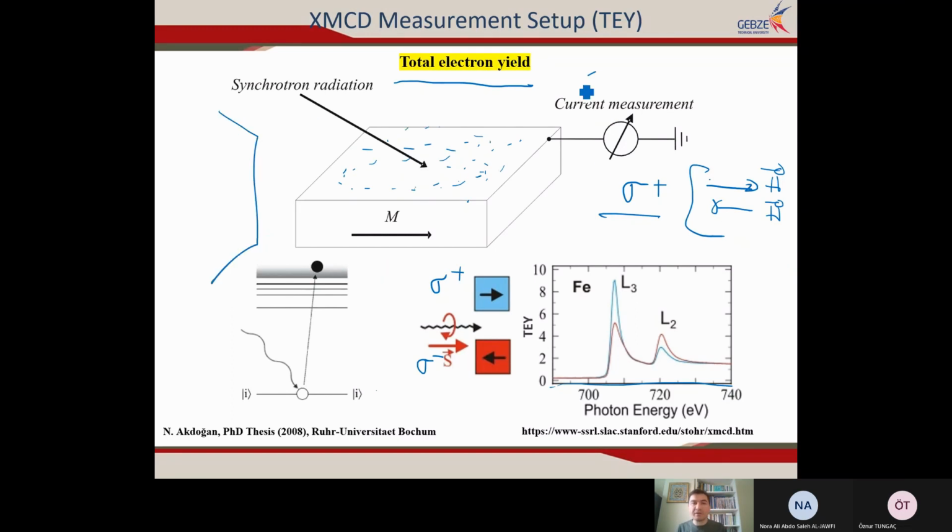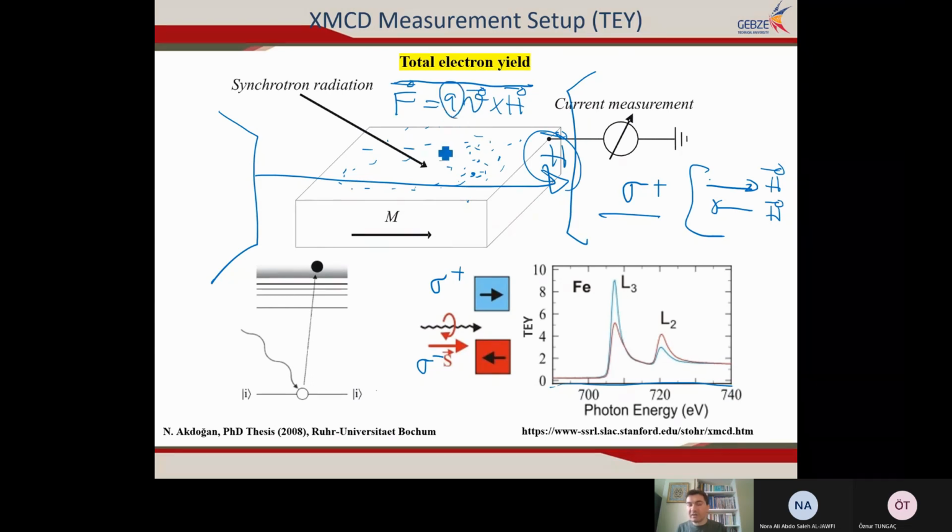Just put here a magnet pole and apply a magnetic field in this direction, let's say. Here we have electrons, which are charged particles, and here I have a magnetic field. Then remember the Lorentz force. We have charged particles, electrons, with a certain velocity, and I have applied a magnetic field.